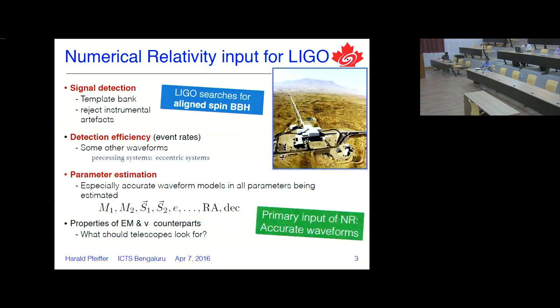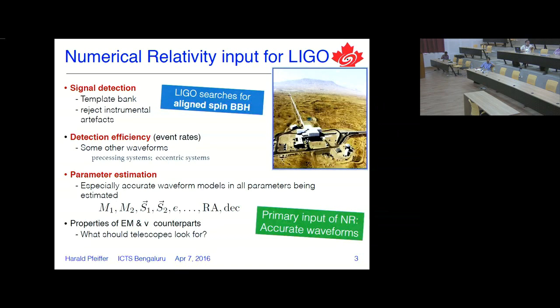Parameter estimation, next, very roughly speaking, works by comparing possible signals, possible waveforms, with the actual data observed by LIGO. In order to make such comparisons, you need to know the waveforms for all parameters that you want to estimate: the masses, the spins, sky location, eccentricity, and so forth.